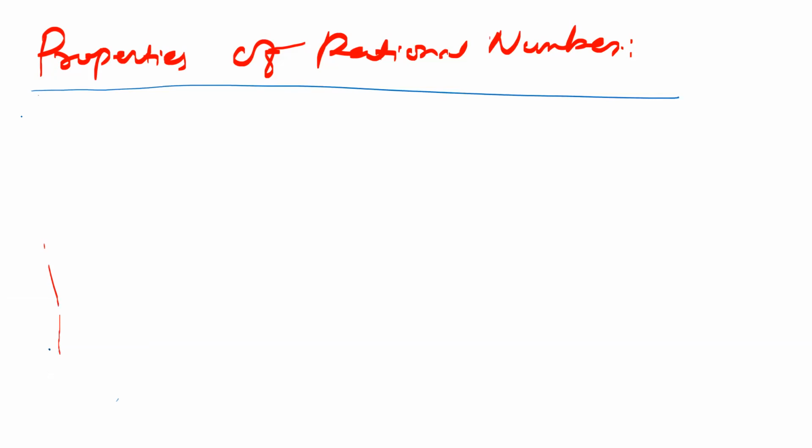So see, the first one is closure property. Now the closure property says what?